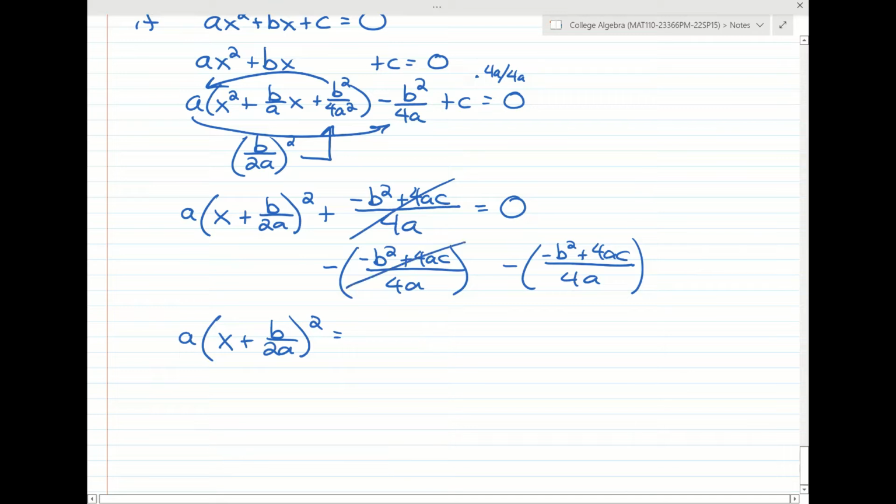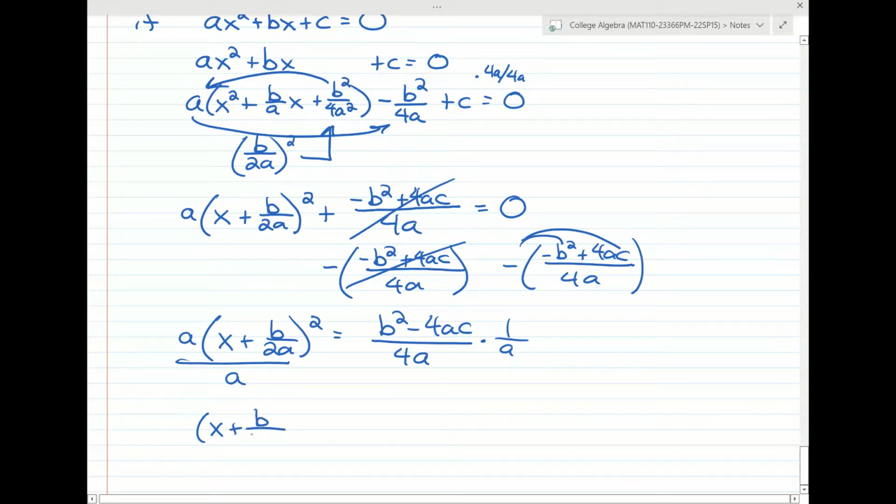this will cancel with this, and if we distribute the negative, we'll just get b squared minus 4ac all over 4a. We divide both sides by a or multiply by its reciprocal, we'd get x plus b over 2a squared is equal to b squared minus 4ac all over 4a squared.